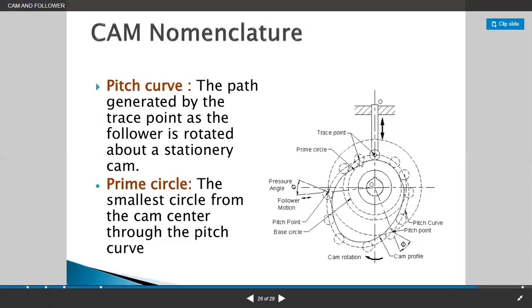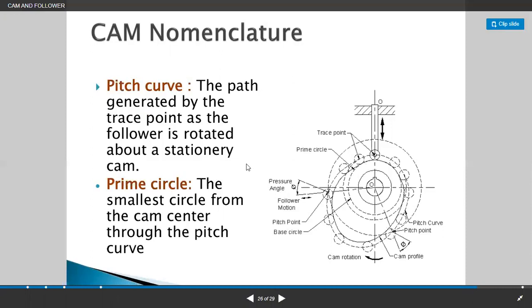The path or curve generated by connecting all trace points is called the pitch curve.